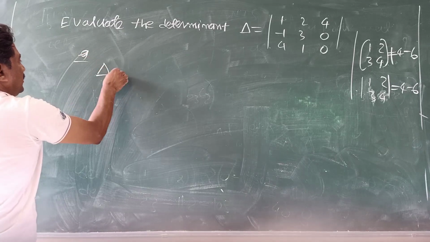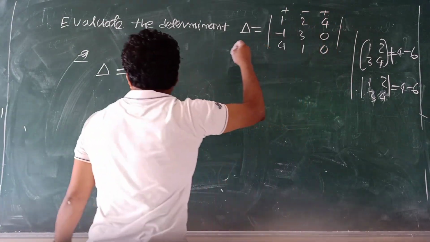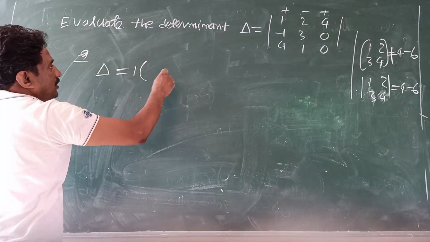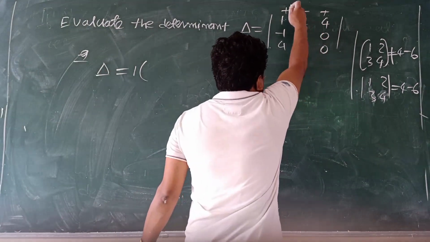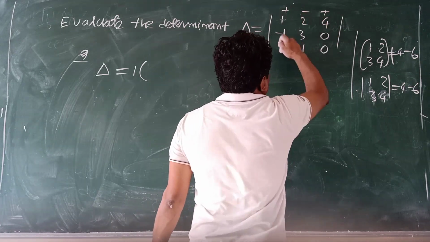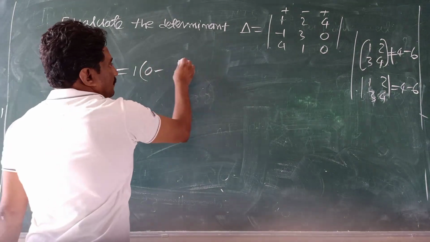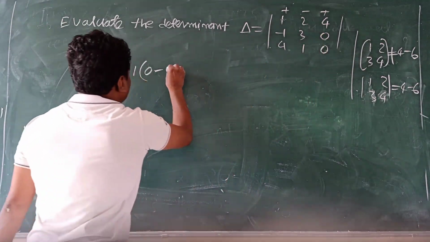Solution. Delta. As usual. Plus minus plus. 1 into, leave the row and column, you get 3 into 0, 0, minus 1 into 0, 0.